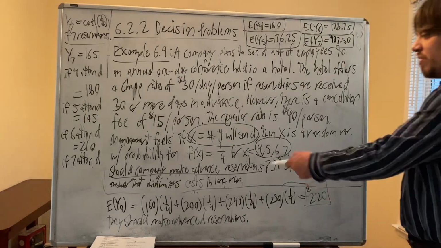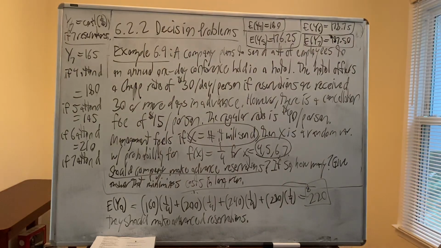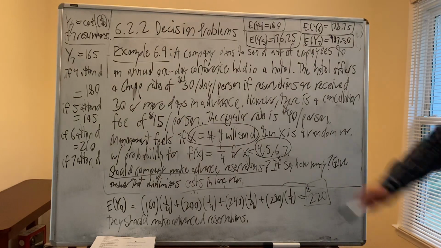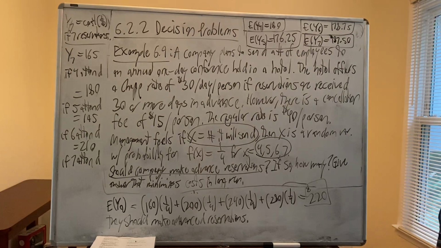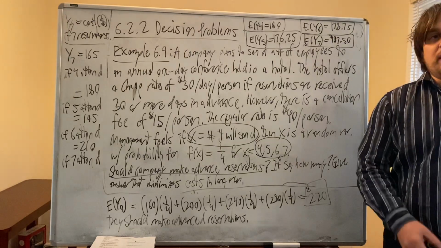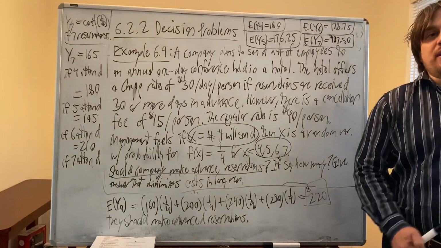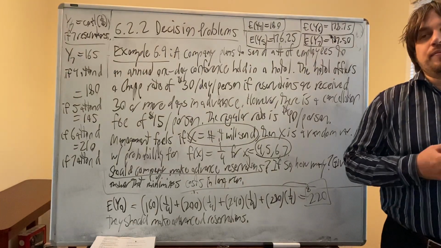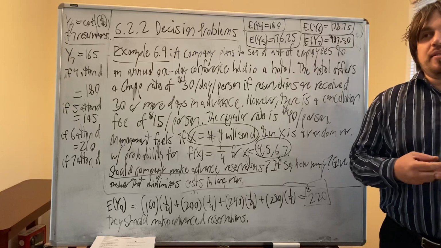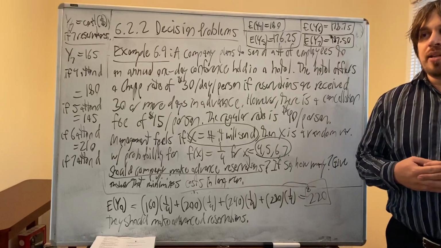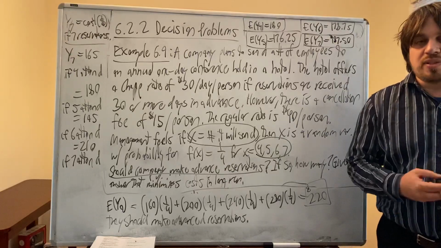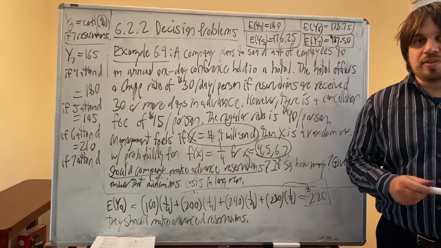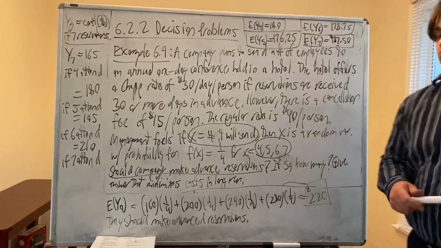If they know 4, 5, 6, or 7 people are coming at least, why make 3 reservations when you can make 4? Making 1, 2, or 3 reservations when you know 4 to 7 people are going is silly. If you're going to make reservations, you might as well make 4 or more. You can only save more money by making more than 1, 2, or 3 reservations. So we can eliminate those as the optimal number of reservations.